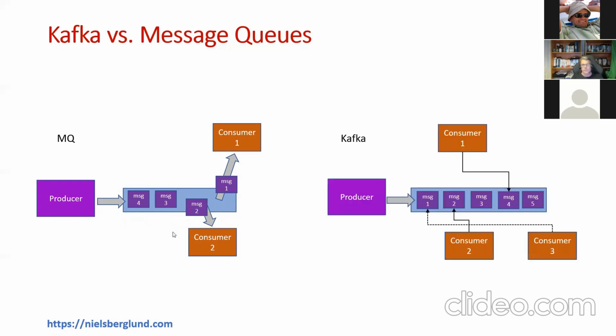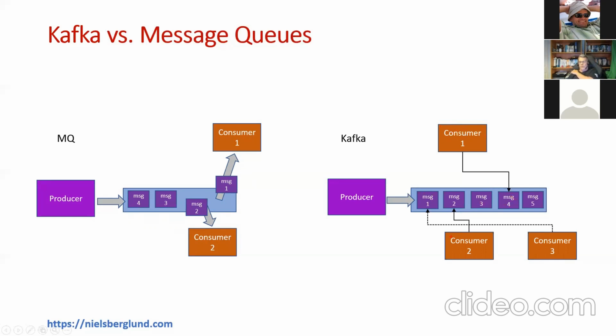Kafka handles things, because in Kafka, the messages end up in, let's call it a queue for now. We will soon look at what it is called. It ends up in this queue, and the consumers are reading based upon an offset. So consumer 1 has been quite active, and he has consumed message 1, message 2, message 3, and he now consumes message 4.